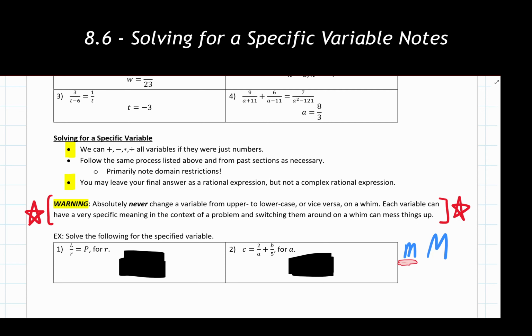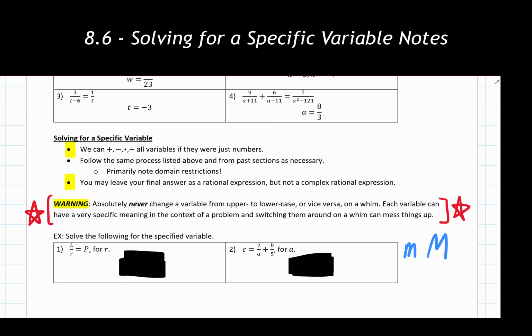This m in a problem might represent the mass of a smaller object. This M in that other random equation could represent the mass of a larger object. So if you're just going to switch these things back and forth, well, in the context of a problem, that's really important. Those are two very distinctly different things, and we can't just switch those around, as much as we want to, especially on a whim.